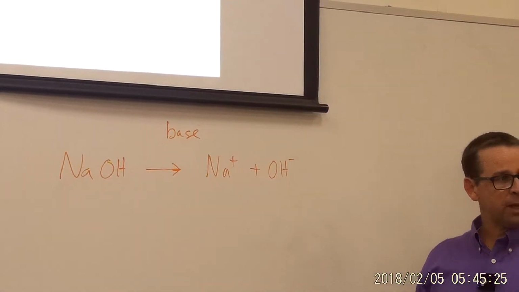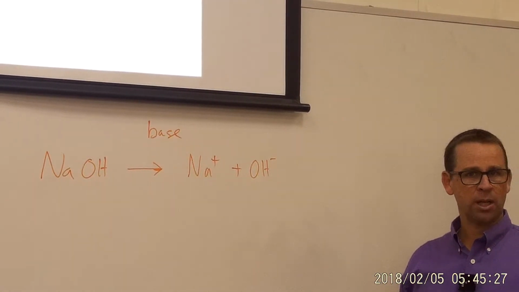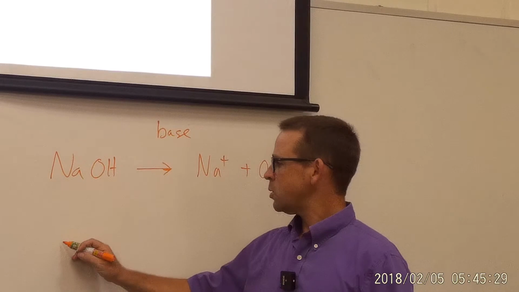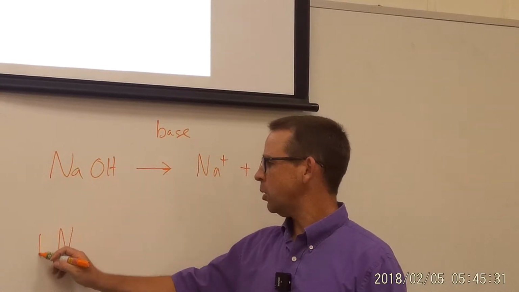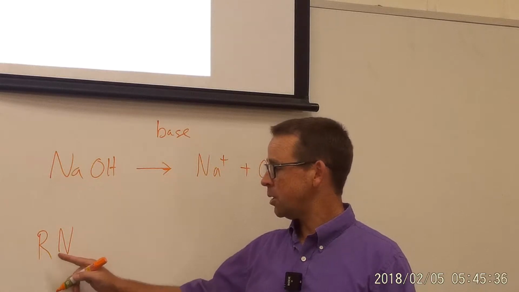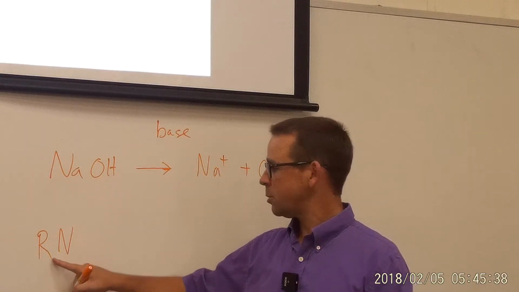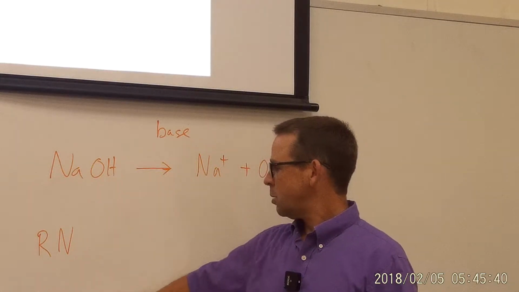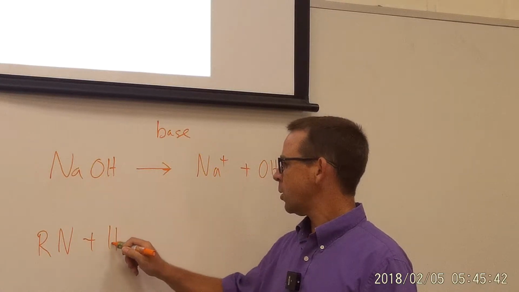Now, there's another way that I can get a hydroxide ion in a solution. It is where you have some chemical, and usually it's a nitrogen, or has a nitrogen on it. R means whatever, something else. Some chemical interacting with water.